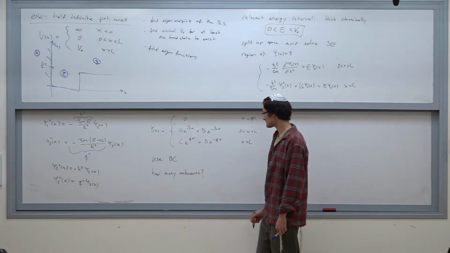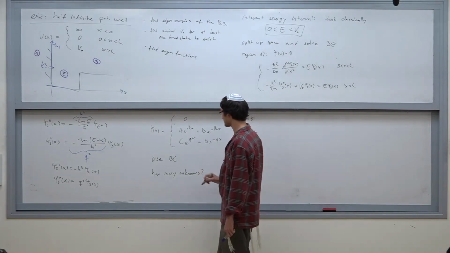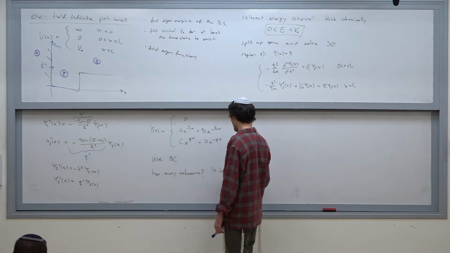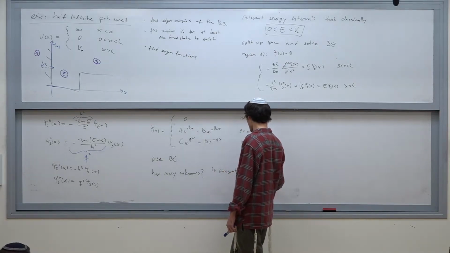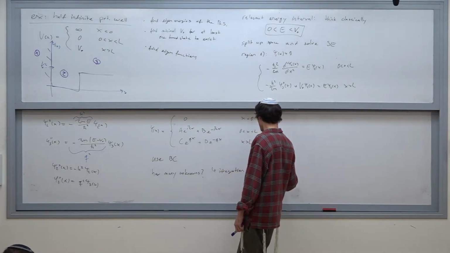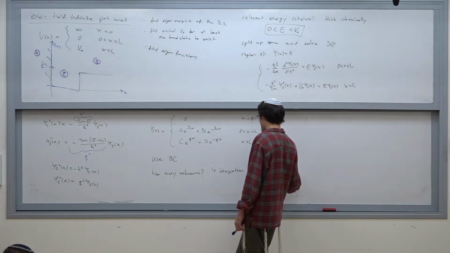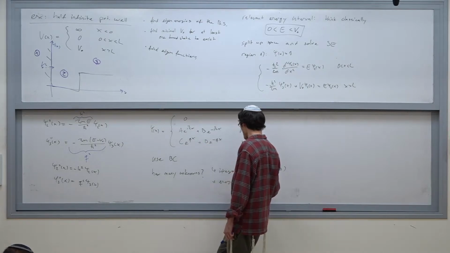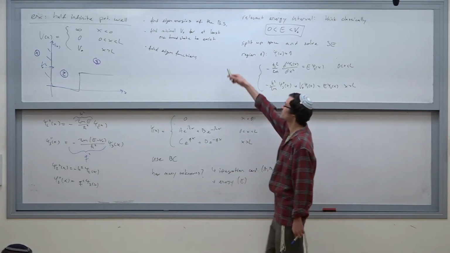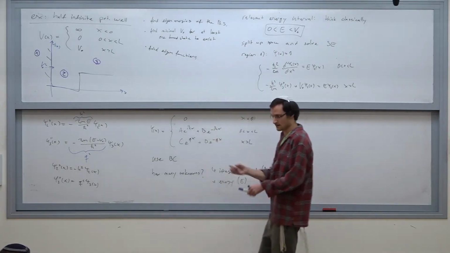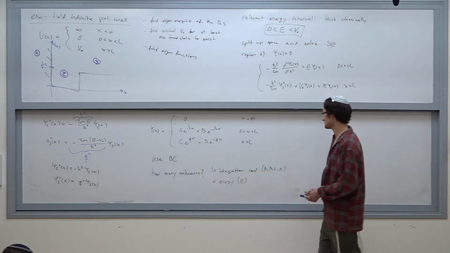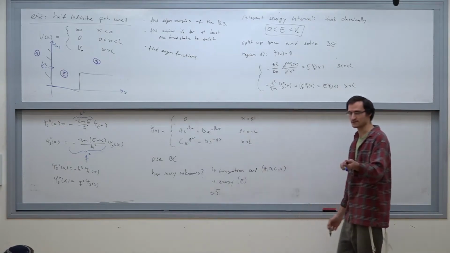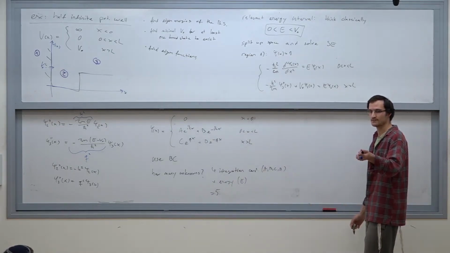No, we don't know the energy. There are 5 unknowns. We have 4 integration constants, A, B, C, and D, and the energy. The energy is unknown. Remember, we're trying to find the eigenenergies. So there are 5 unknowns, which means there are 5 equations.